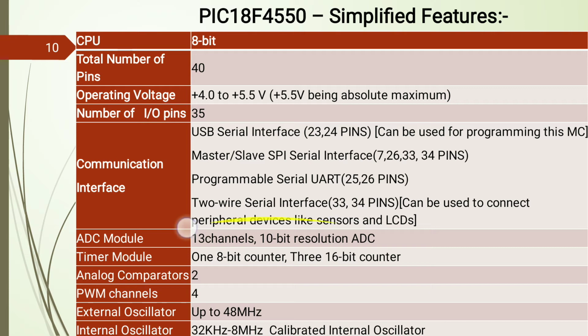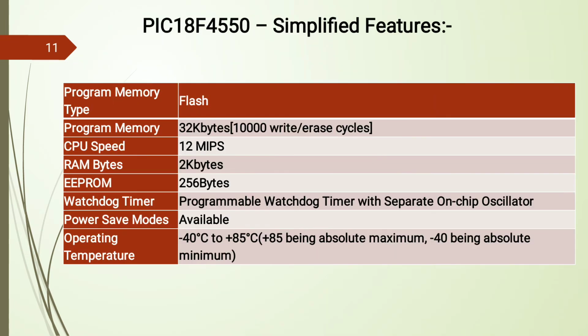So these are features. After that, again some features, that is memory. Flash program memory is used for programming and reprogramming purposes, and its size is also enhanced, that is 32 kilobytes, which is quite higher as compared to the previous versions. CPU speed is 12 MIPS. MIPS means millions of instructions per second.